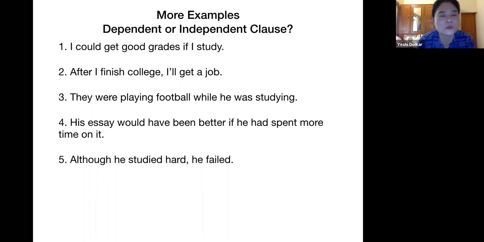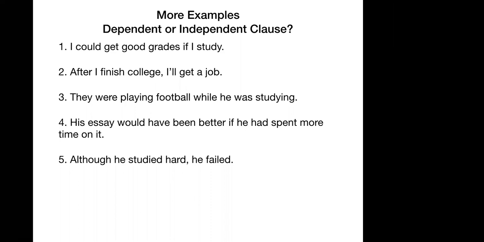Okay, what about number two? Which of these two is independent and which is dependent? After I finish college, I will get a job. After I finish college is dependent clause, and I will get a job is independent clause.